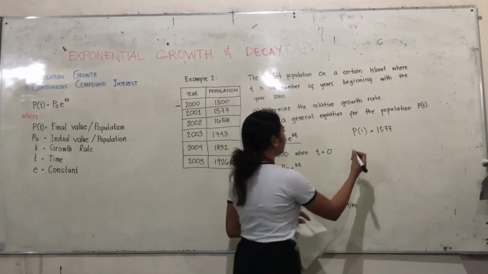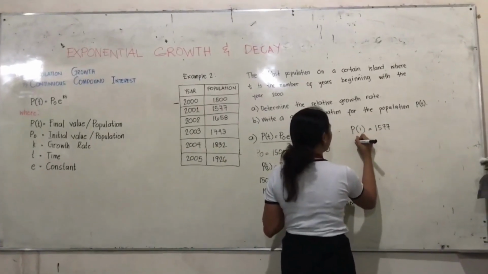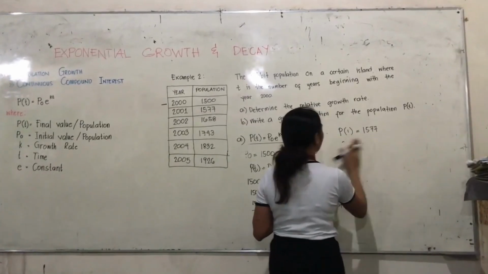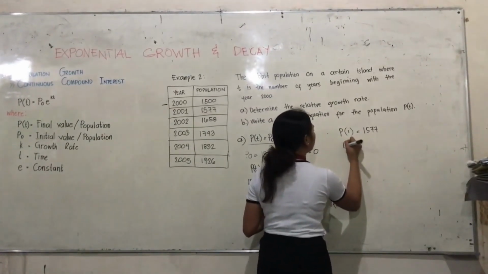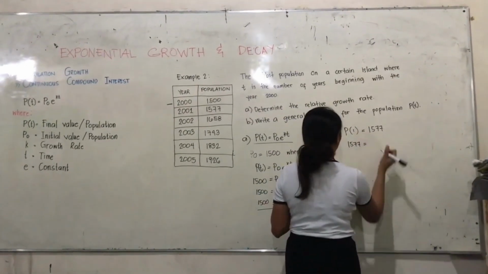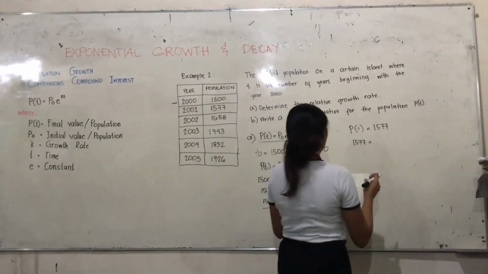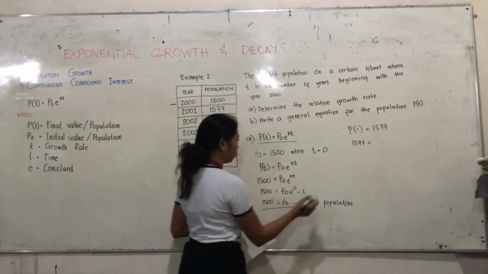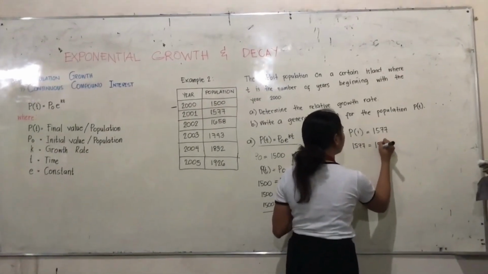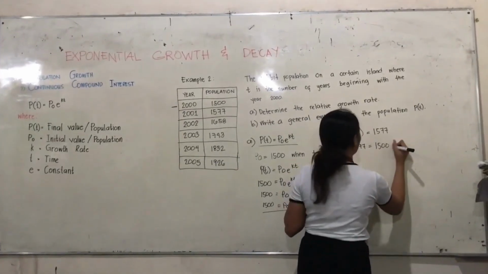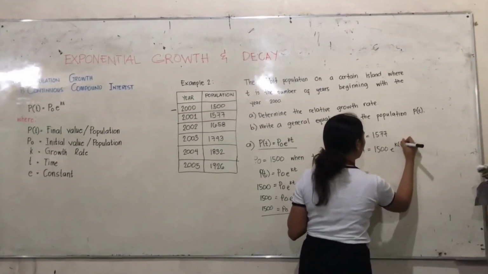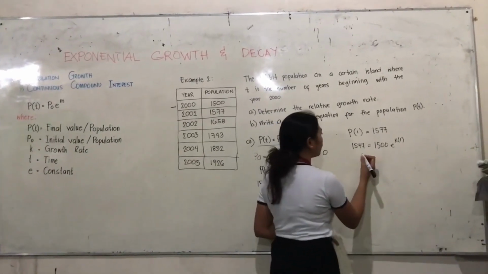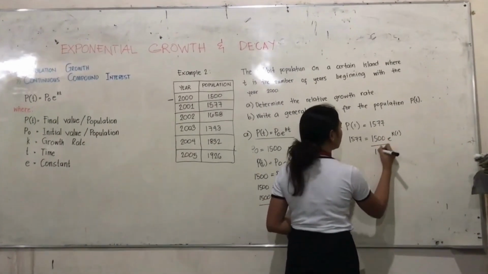Then, we will replace P of T with 1,577. And we will copy our P0. P0 is 1,500 e to the K times 1 because our T is 1. So we will divide both sides by 1,500.